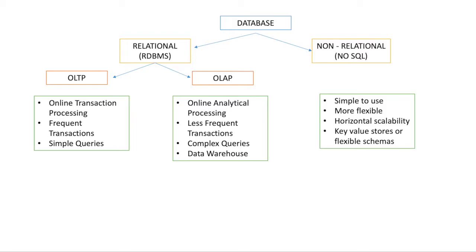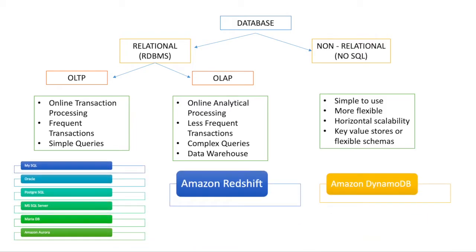Now, in terms of Amazon, what services does Amazon provide to deal with these three scenarios? Traditional OLTP systems are provided as six database engines: MySQL, Oracle, MSSQL, PostgreSQL, MariaDB, and Amazon Aurora. Amazon Aurora is the new entry in the market, provided by Amazon. It is significantly faster, provides a distributed architecture over MySQL, and at a very low cost.